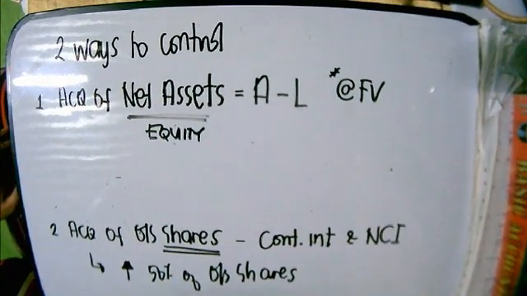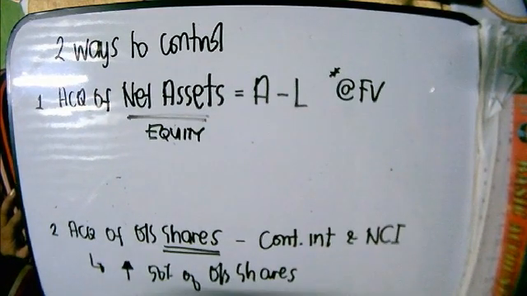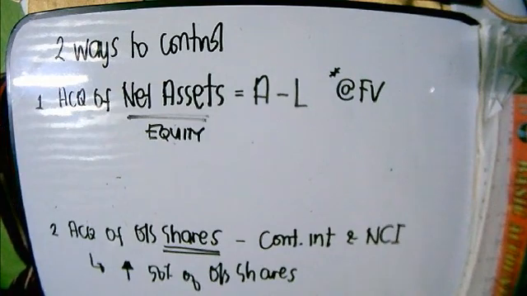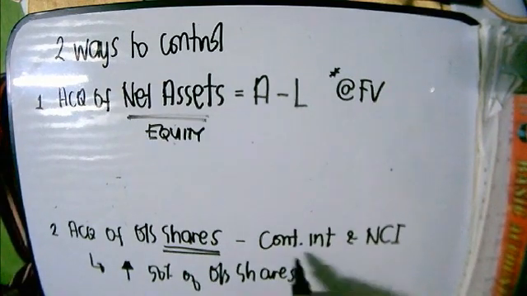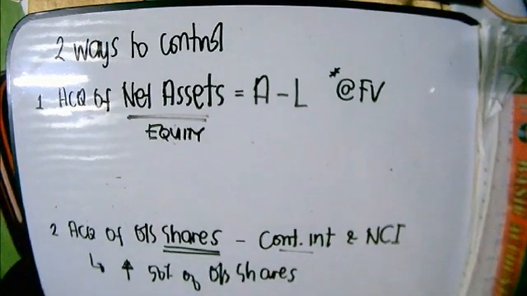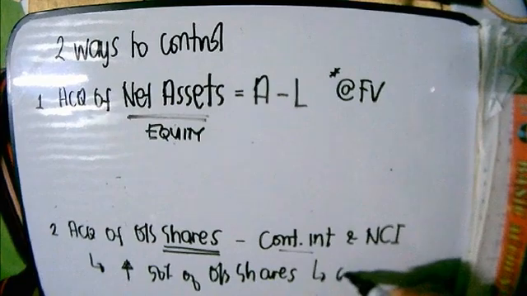Again, business combination is a transaction or event in which the acquirer obtains control over one or more business. So, magkakaroon lang siya ng control kapag more than 50% yung kanyang binili. So, let's say, yung binili niya is 60%.